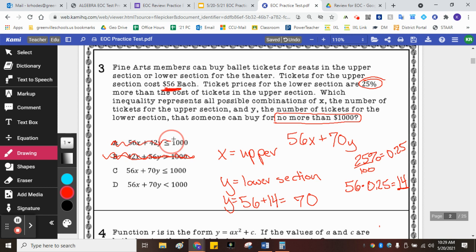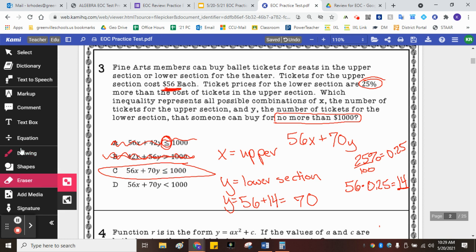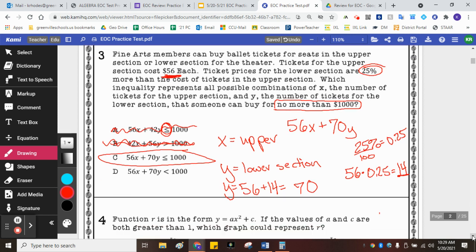Probably not this one. This symbol repeats twice, so it's probably this answer. So it's just an educated guess if you don't know how to work it out. All right, keep going.